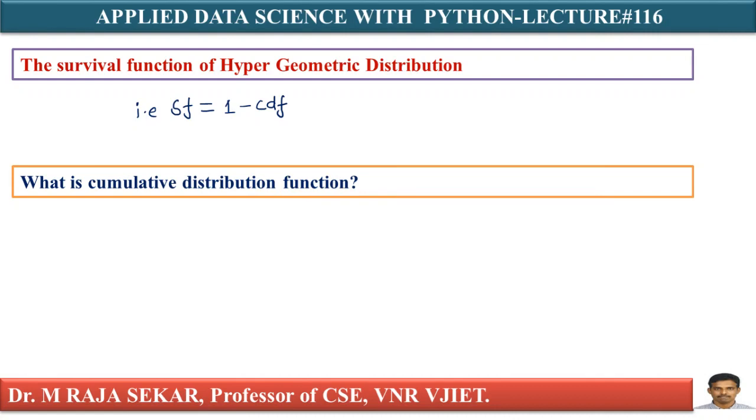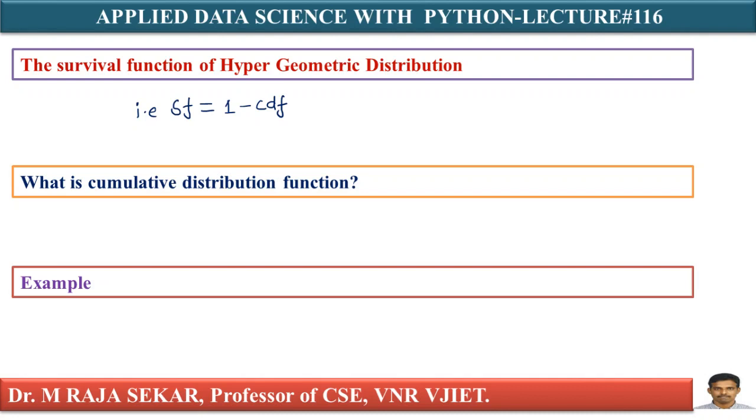I already discussed the cumulative distribution function, but let me repeat it. The cumulative distribution function describes the sum of the probability mass up to some value. For example, let me consider one simple example: drawing red marbles. This is my random experiment.